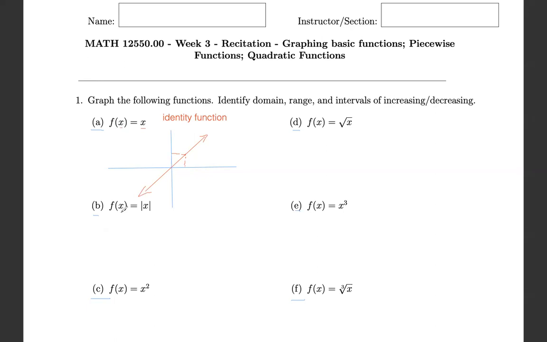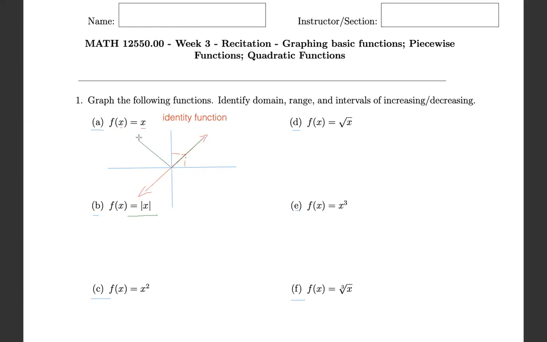Let's see B. B, I'm going to graph on the same one with green color. Absolute value function. Right? Absolute value function is a V shape. So I have this branch. Then we have this branch.